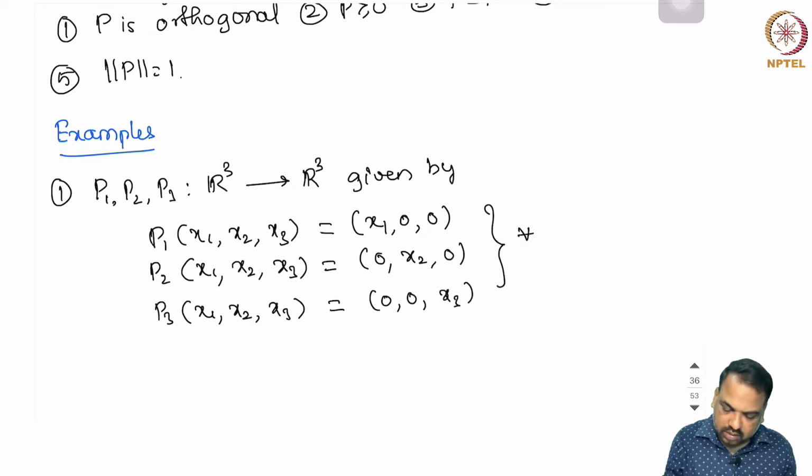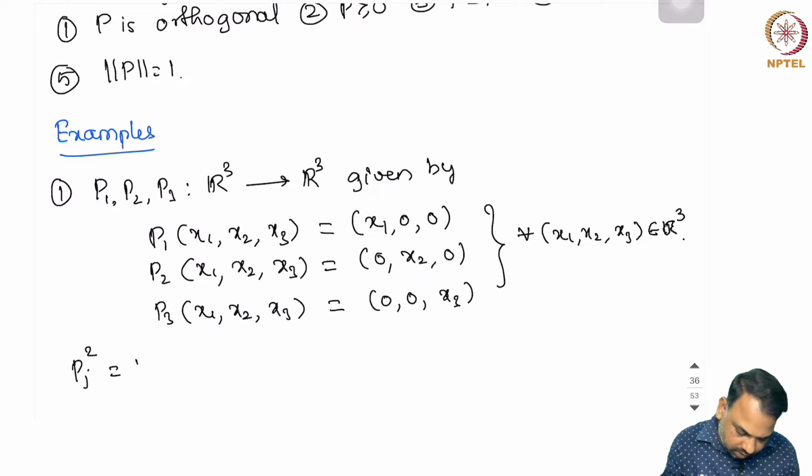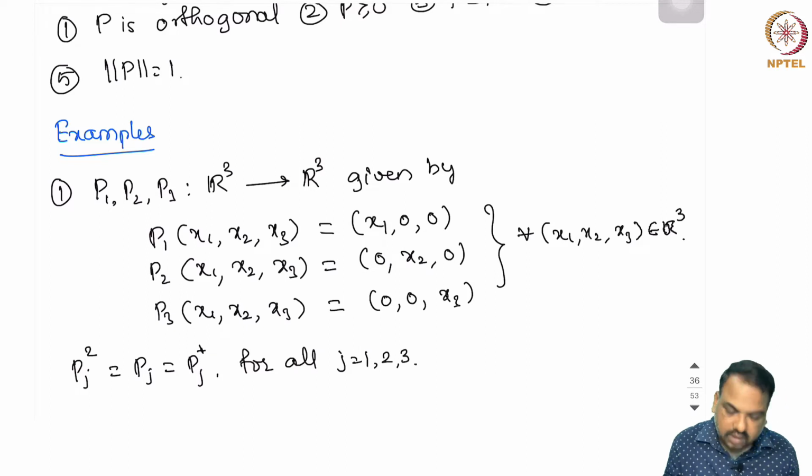This is for every x1, x2, x3 in R3. And we can see that Pj square is Pj equal to Pj star for all j equal to 1, 2 and 3.